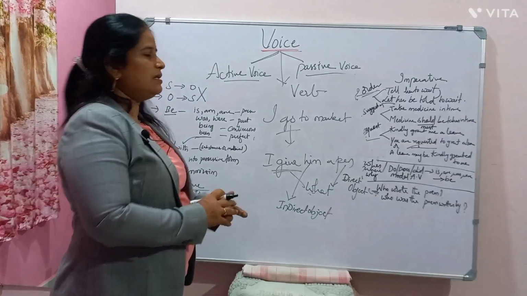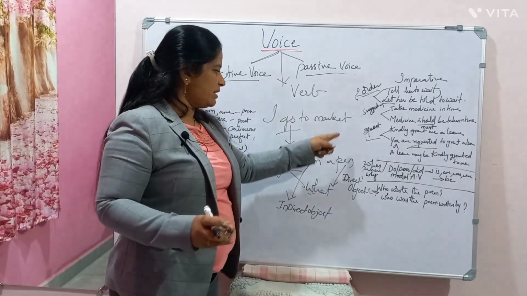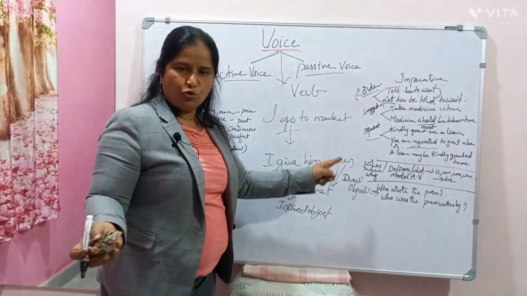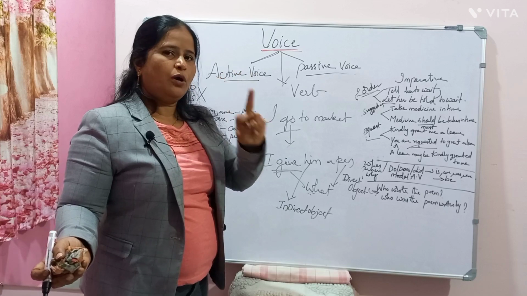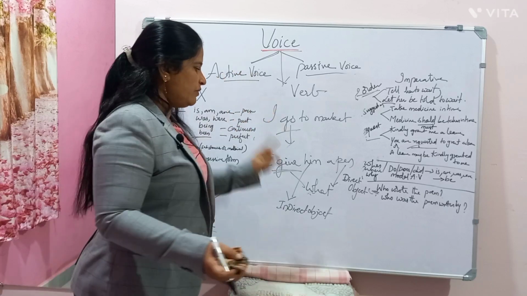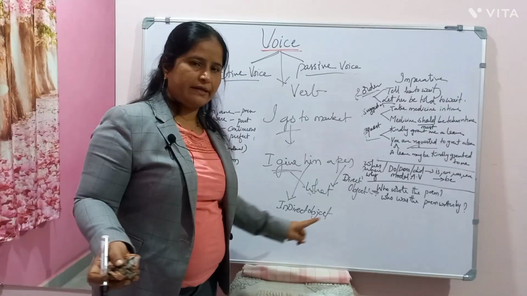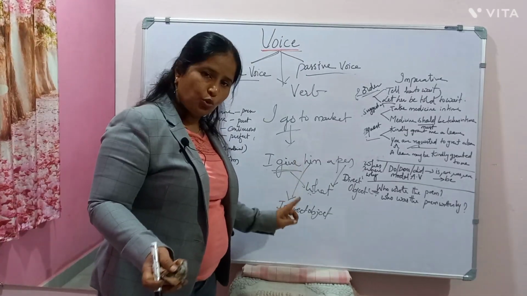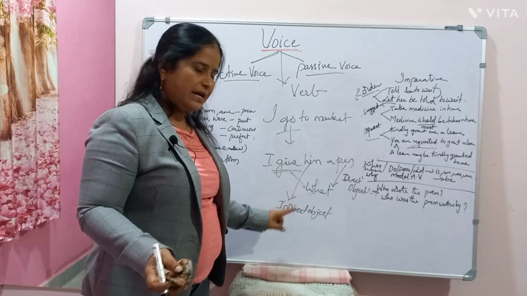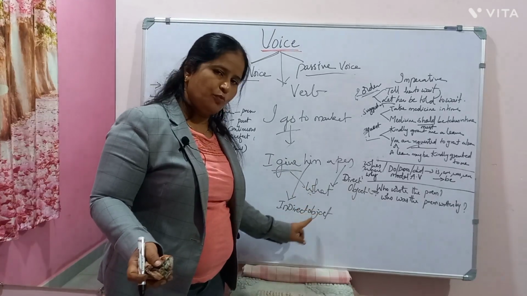Now, I go to market. What do I go? No answer. To whom do I go? No answer. Only the two questions we need to pose are what and to whom. When we find an answer to what, that is the direct object. When we find an answer to whom, that is the indirect object.